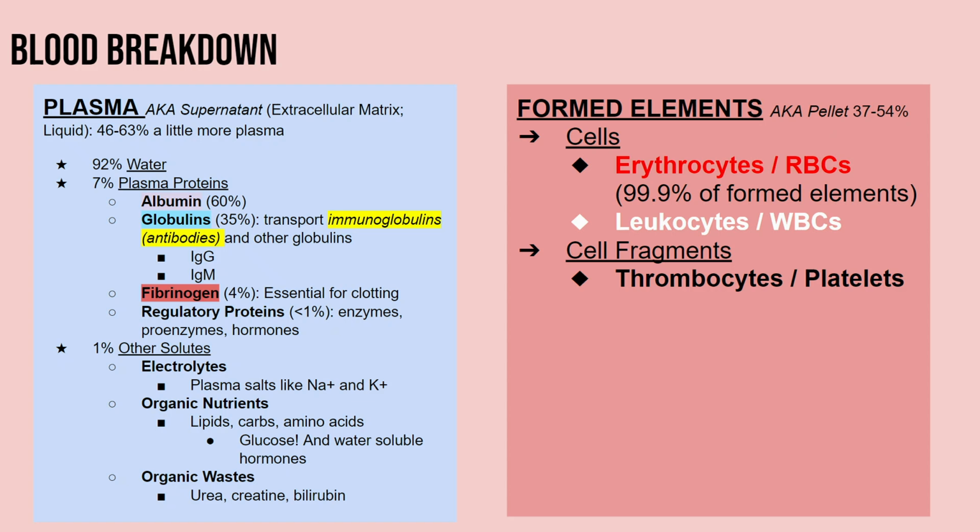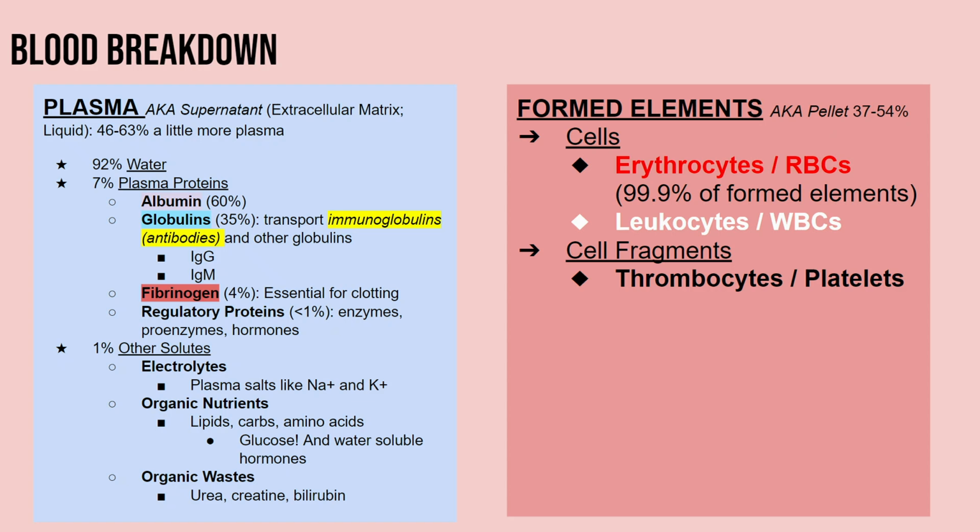Then you also have globulins, which transport the antibodies and other globulins. Fibrinogen, which is essential for blood clotting, helps with hemostasis. And then some other regulatory proteins like enzymes. And then 1% is some other solutes like electrolytes, organic nutrients, and organic wastes.